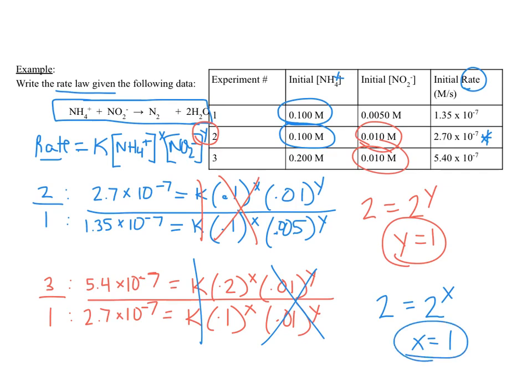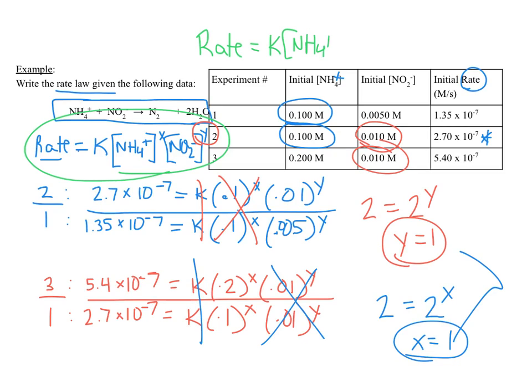So we're doing all of this work just to figure out the exponents. You're only going to get 0, 1s, or 2s for your exponents, so that's what we're looking for. This equation is asking me to write the rate law. So all I have to do is take my exponents and plug them back into this equation. My rate law equation is rate equals k times NH4 plus to the first power, but we don't have to write 1s, right?